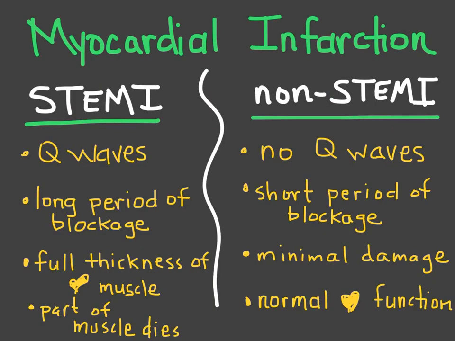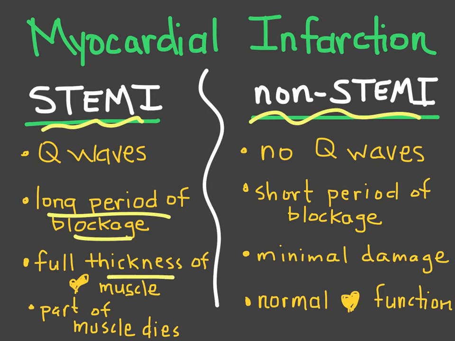Two other terms that we often see in AMI documentation are STEMI and non-STEMI. So what's the difference? A STEMI AMI is usually caused by a long period of blocked blood supply. This results in full thickness damage to the heart muscle, causing part of that muscle to die.